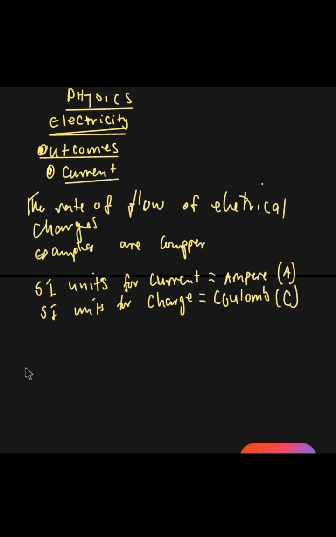Then again, we should be able to know that it's possible to measure the flow of current. There's an instrument that is used to measure the flow of current. Current can be measured using an instrument which is called an ammeter.